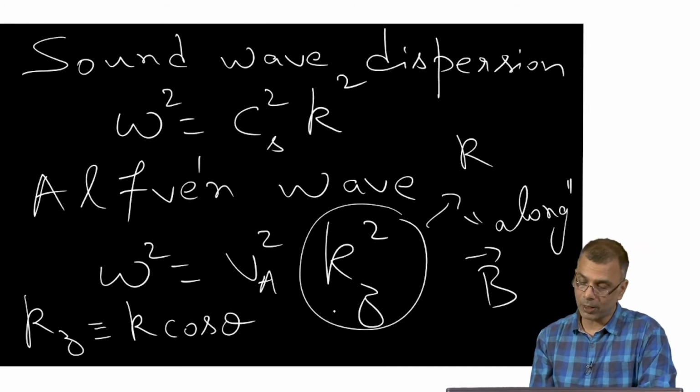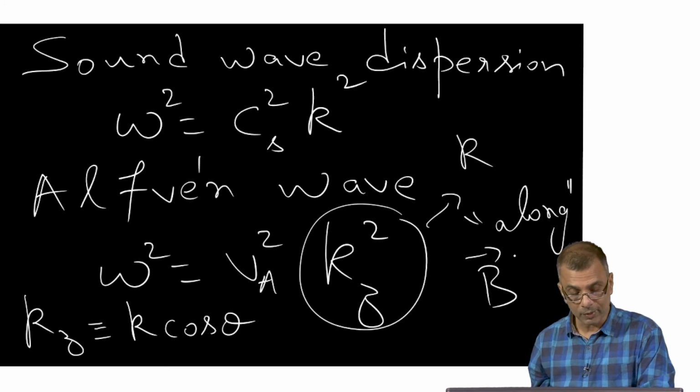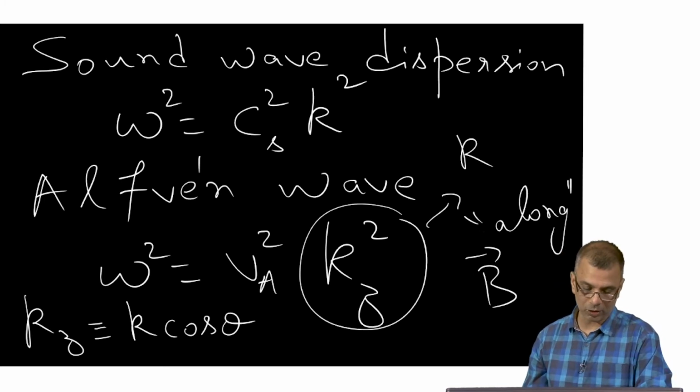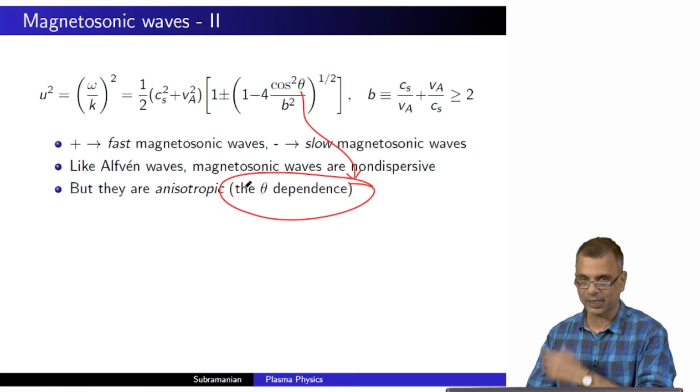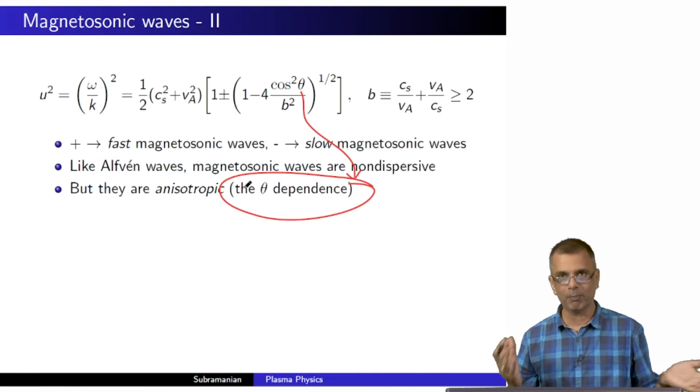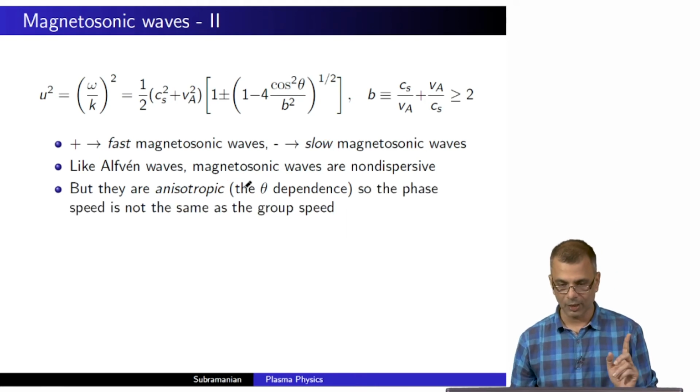So there is a theta dependence in the Alfvén wave dispersion relation as well. Okay, and so in that respect, magnetosonic waves are like the Alfvén waves. There is an anisotropy. The actual dependence might not be the same, but they're still anisotropic nonetheless.